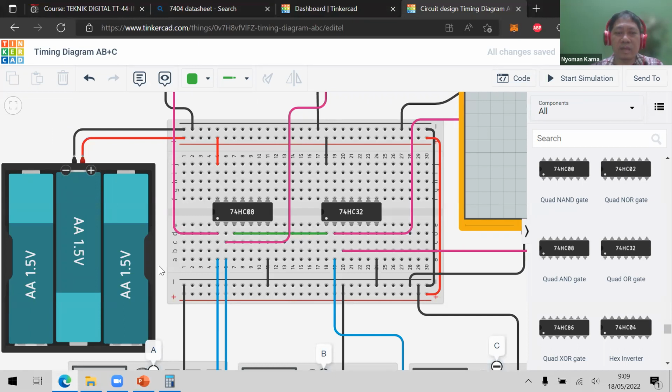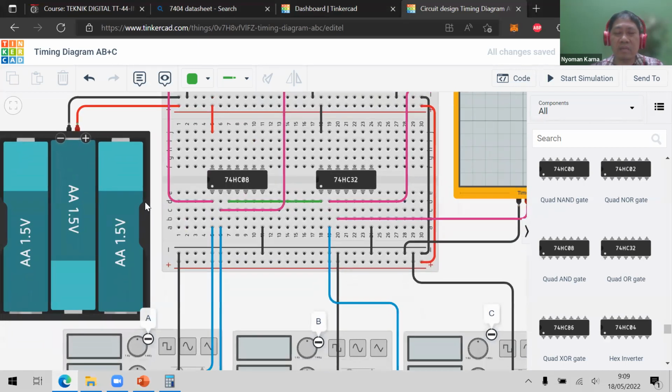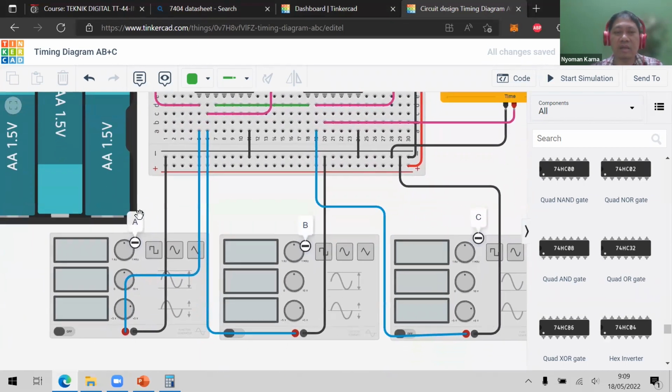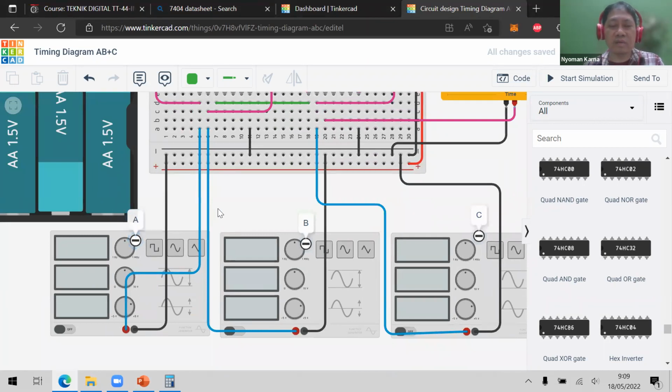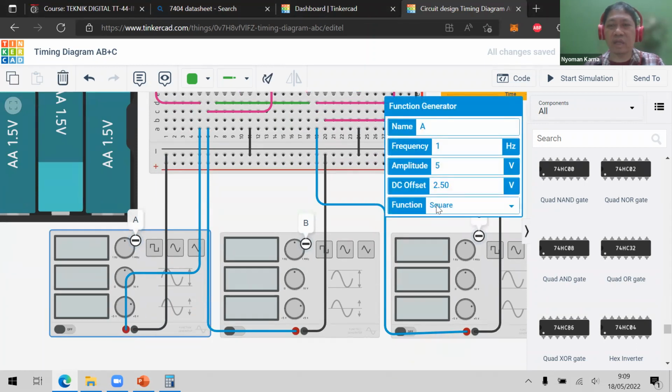Now, each of these A, B, and C will be generated using a function generator, a square wave function generator, with the amplitude of 5 volts.